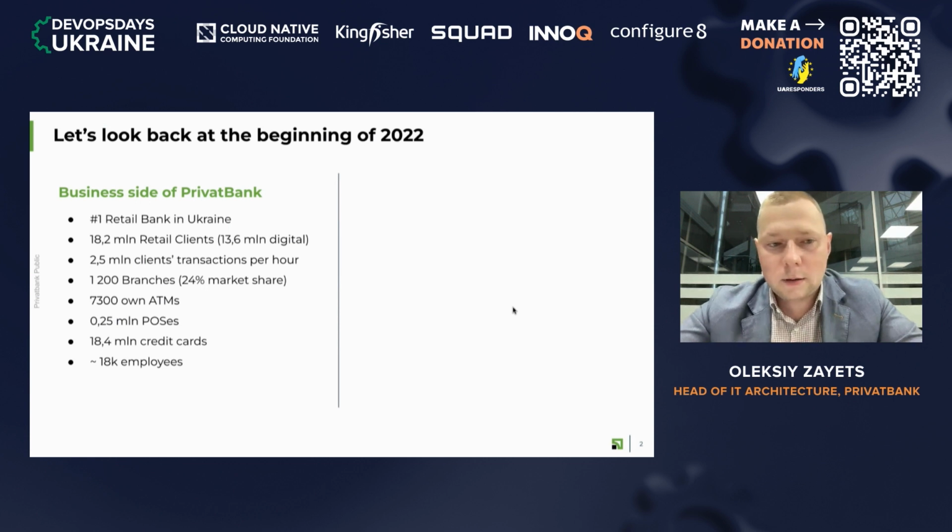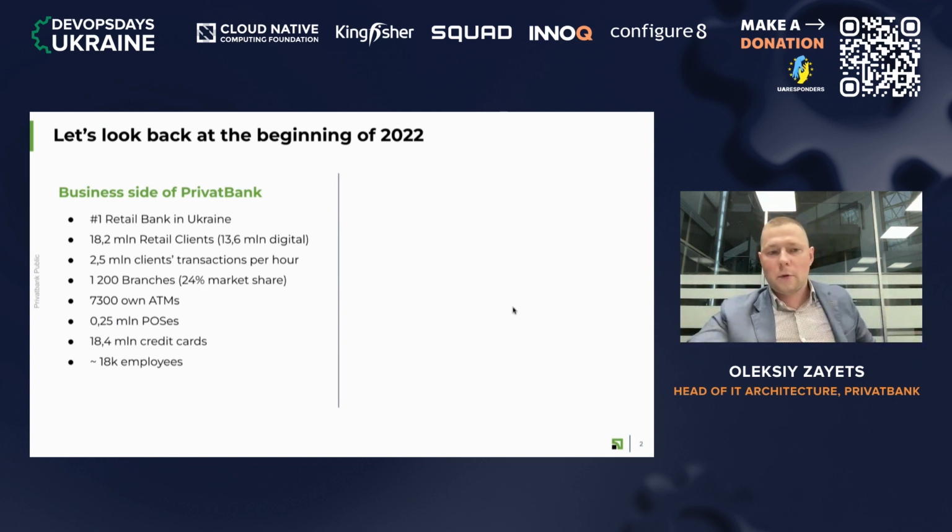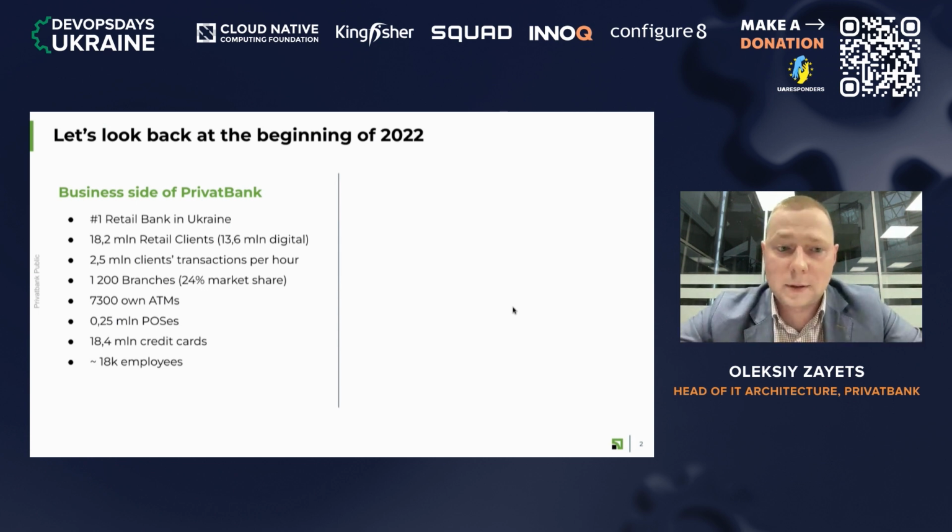We have a wide network of office branches and banking devices like ATMs, POSs, and self-service terminals. To make it work, we have more than 18,000 employees.